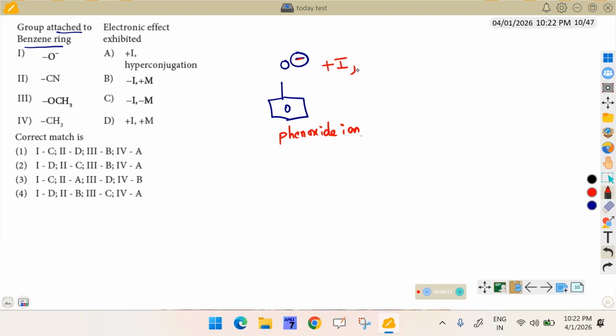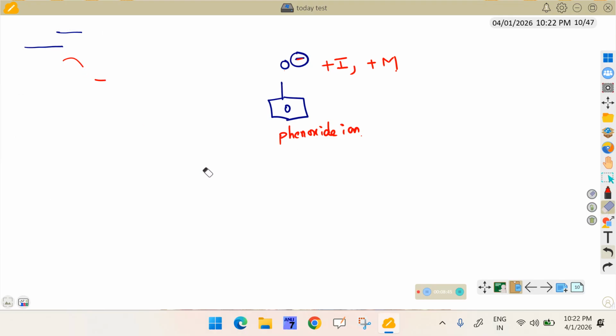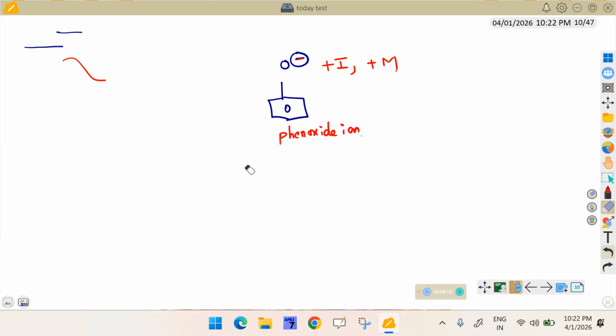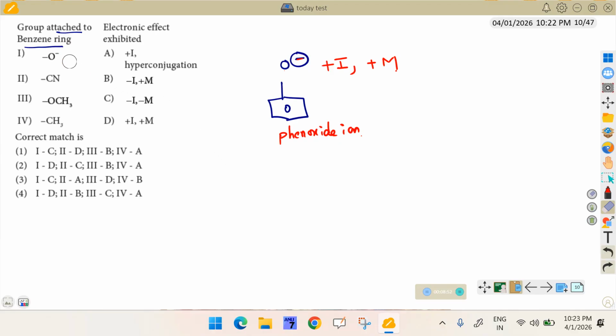It acts as plus I group as well as plus M group. Plus I group, plus M group. 1D. Okay. Next.